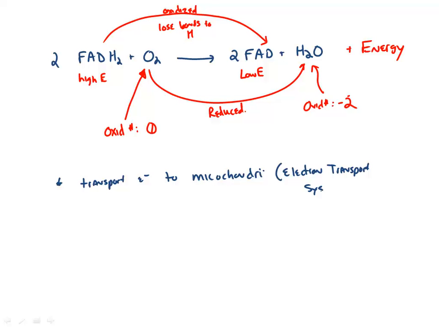Essentially. So what we're going to see, now remember we said that things like FADH2 are responsible for the transport of energy. So they're transporting energy from some chemical process and then releasing those electrons to be used in the electron transport chain.